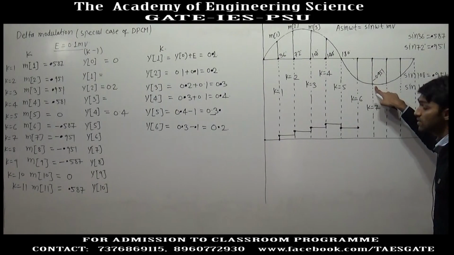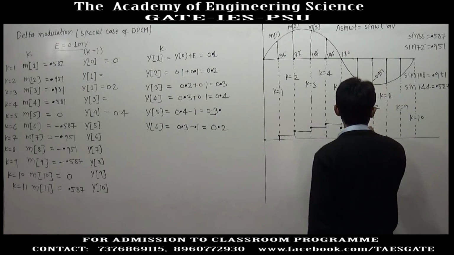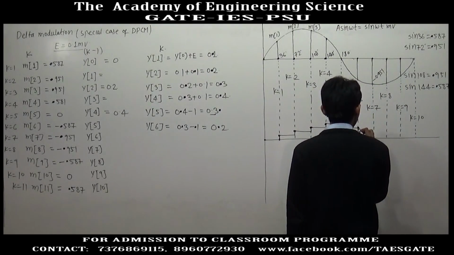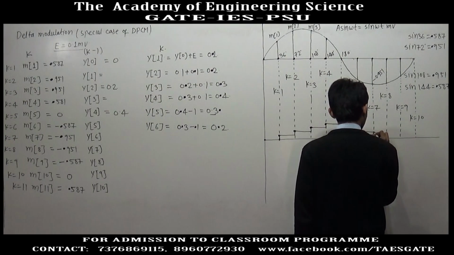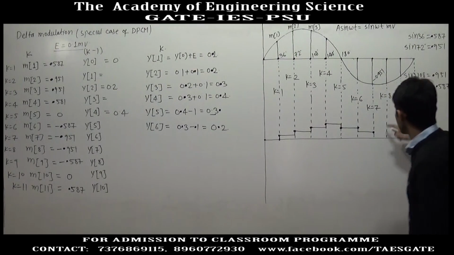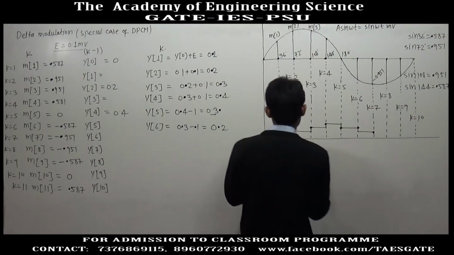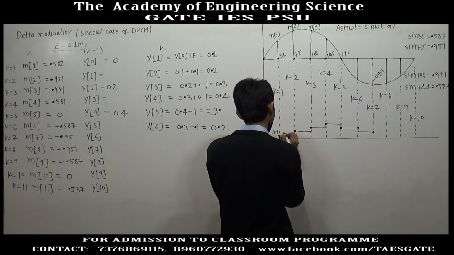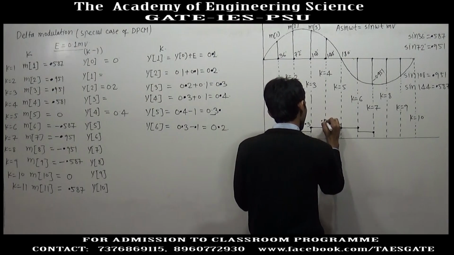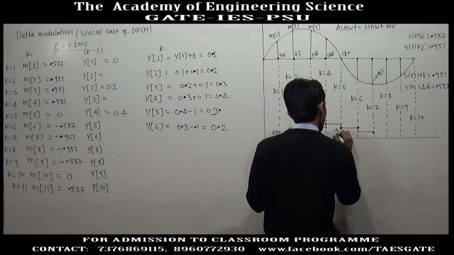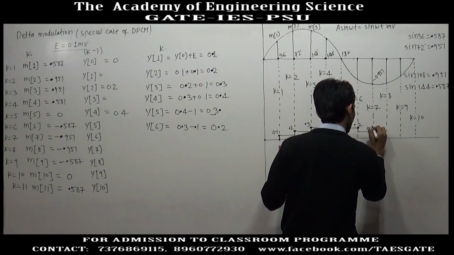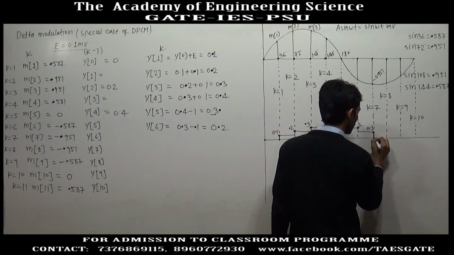So, the input is less than the previous output, and at this point we will subtract 0.1. Again the next input is less than the previous output, so again we will subtract 0.1. This is 0.1, this is 0.2, this is 0.3, this is 0.4, this is 0.3, this is 0.2, this is 0.1. So, at this point this will become 0.